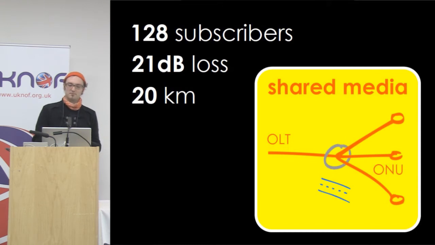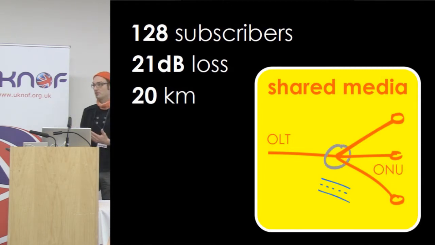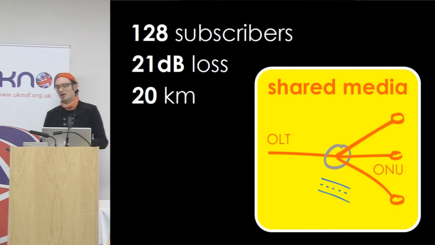The good thing is you can do this in cascades, up to 7 times, which is done in PON networks. You get up to 128 subscribers on one single fiber. On the other side, you have a loss in your network of 21 dB because you have to add all the losses.